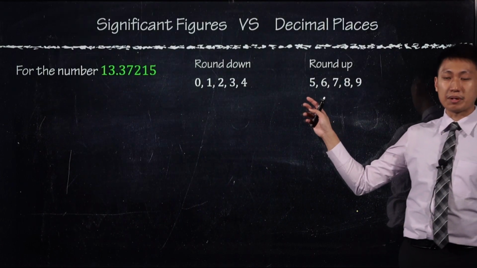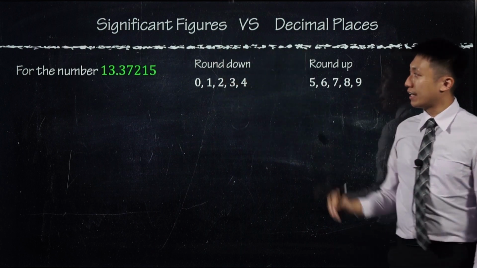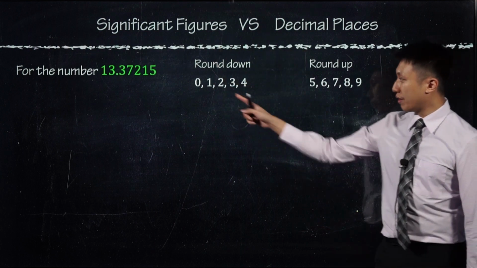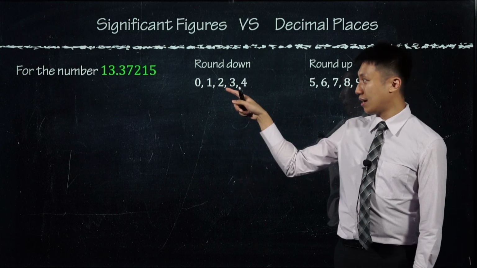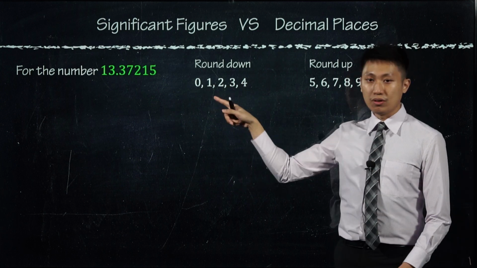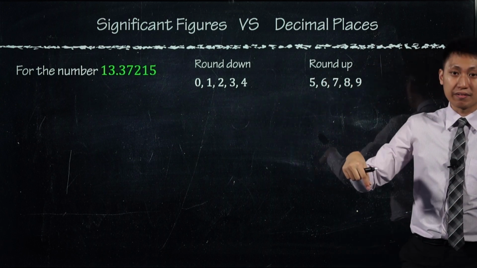We are just going to talk about this as a revision: significant figures and decimal places. If you see 0, 1, 2, 3, 4, you round down. This one rounds up, which means you add 1 to the previous figure.